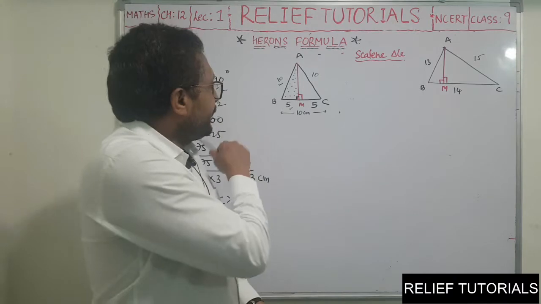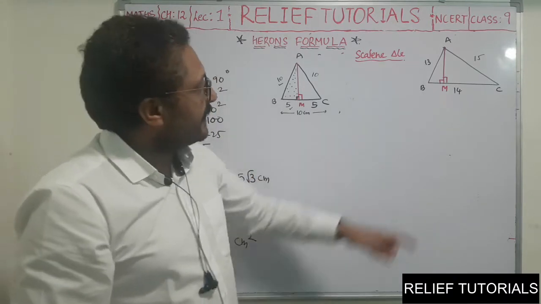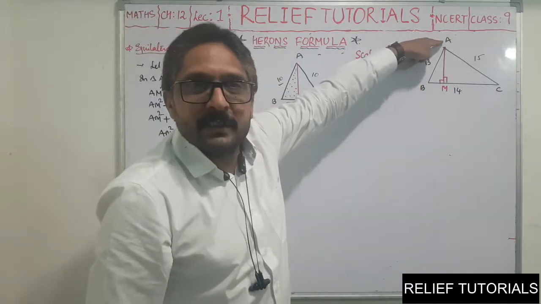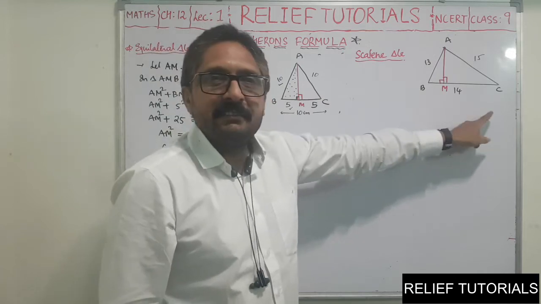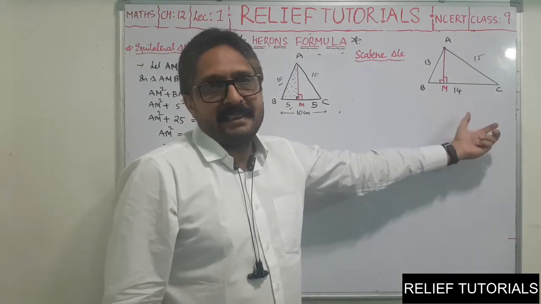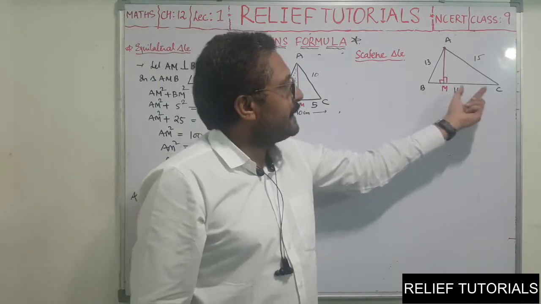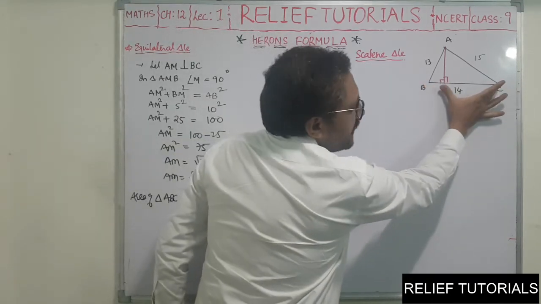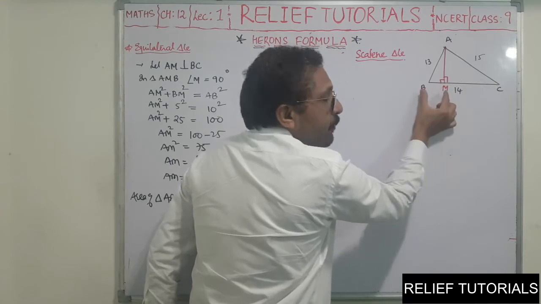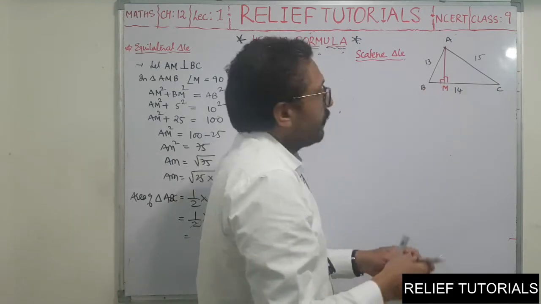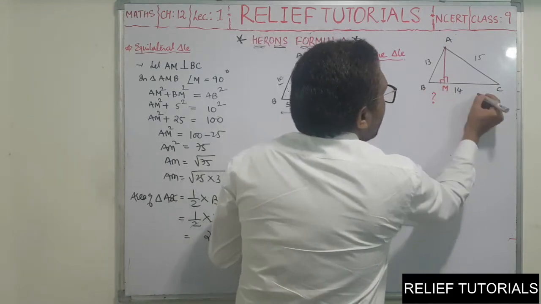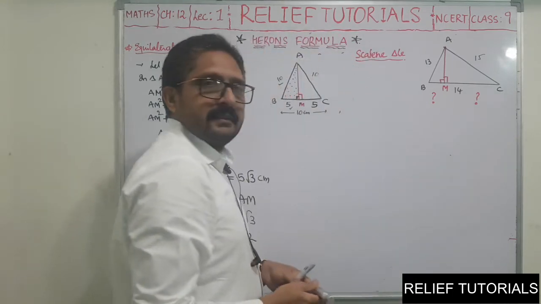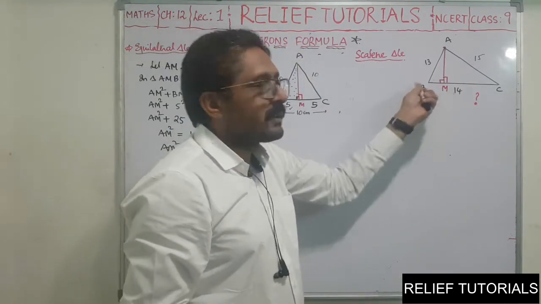But unlike the equilateral triangle and isosceles triangle, the altitude from this vertex A on BC will not bisect BC. It will not divide this BC into two equal halves. See, this BM is smaller, MC is bigger. So we don't know how much is this BM and how much is this MC. Why? Because this M is not the midpoint.